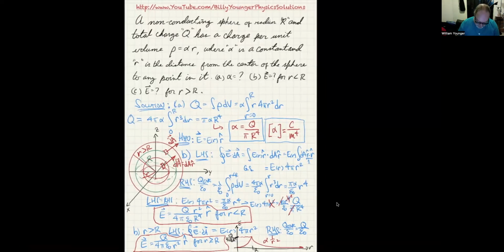So that's it. That's a quote unquote more complicated version of Gauss's law. And really the only thing that made it more complicated was the fact that I had a charge distribution that depended on r. You could make it depend on theta, you could make it depend on phi. The integrals might not work out so nicely there. So I have found that it works fine for rho equals some constant times r, rho equals some constant times r squared, rho equals some constant times r cubed, all that stuff.